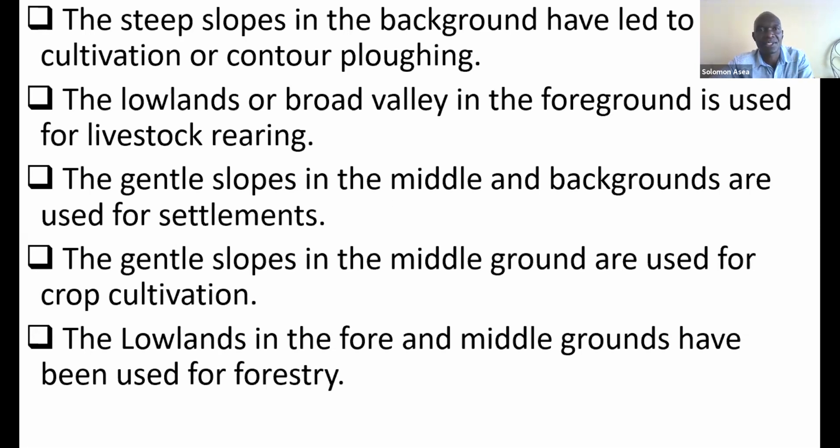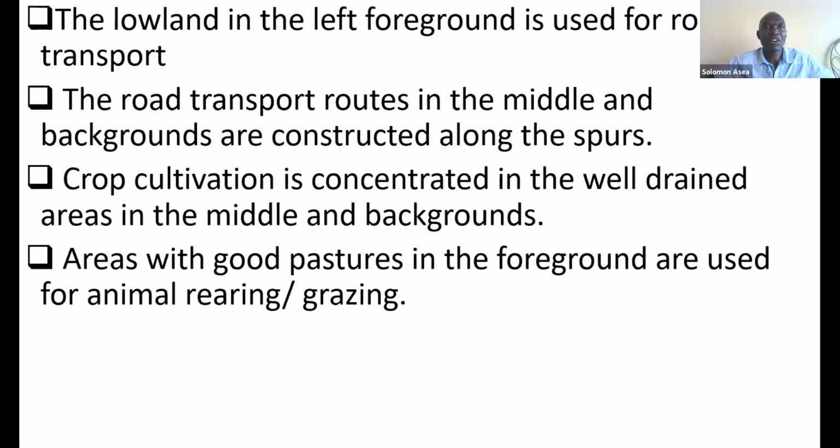We can also say that the lowland in the left foreground is used for road transport. You can specify road transport, because transport may also be broad. It is evidenced by the road.